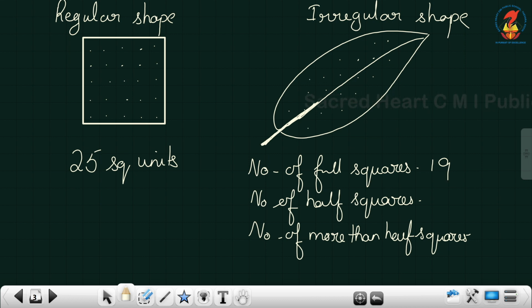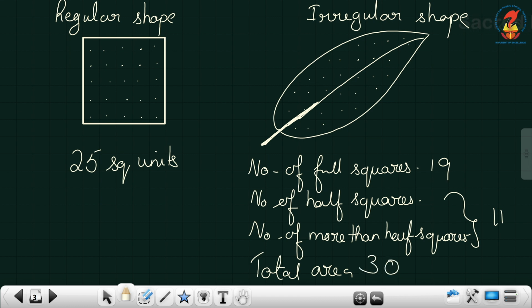I have 1, 2, 3, then 4, 5, 6, 7, 8, 9, 10, 11. So, these two together I have 11. So, what will be the total area? 19 plus 11, how much will I get? I get 30. 30 square units.